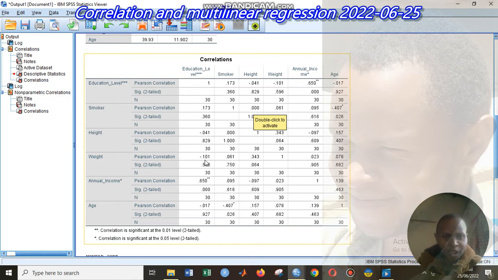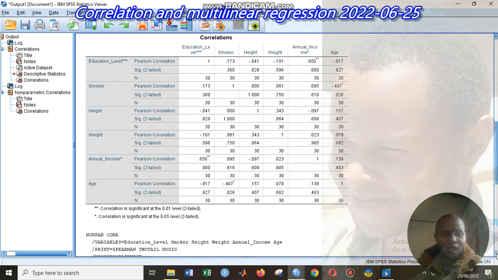Also we can see a negative correlation between weight and education level. It means that if the weight of a person increases, their education level is lower, for example primary or secondary. So the higher the education level, the lower the weight.